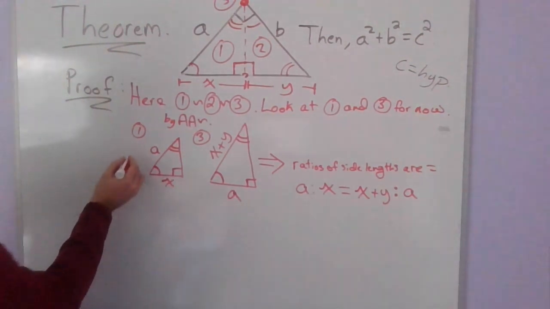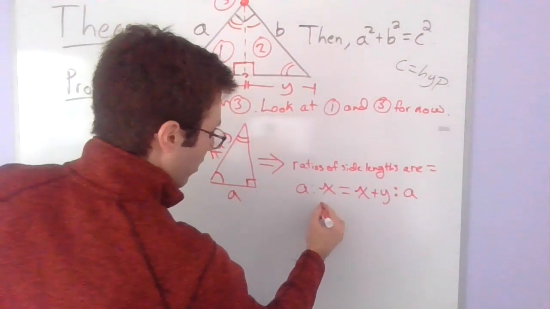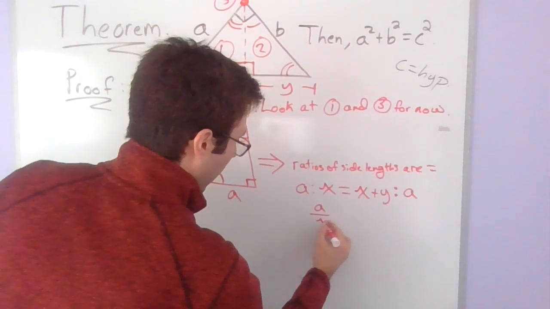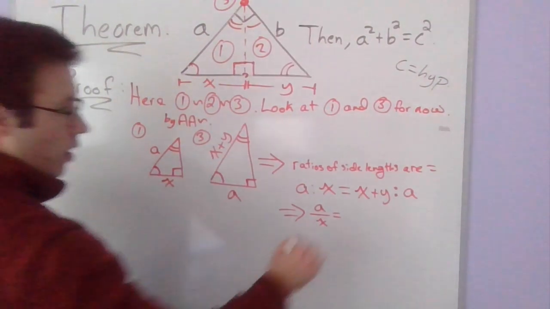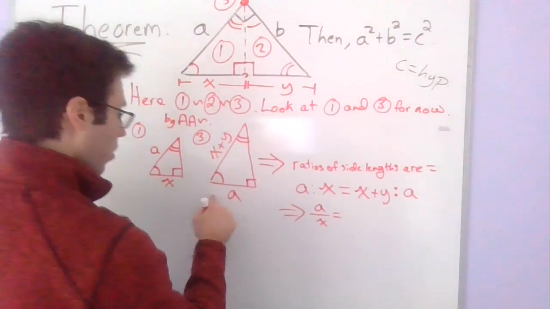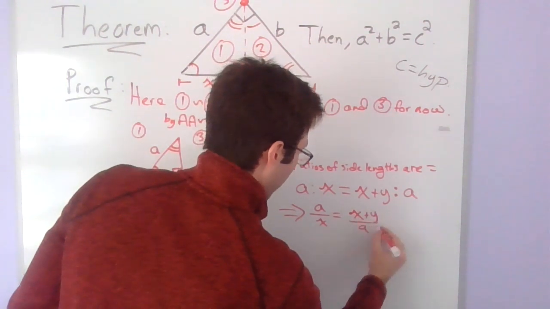So I'm going around this way. In other words, instead of saying a to x, this means the same thing as a over x is equal to x plus y over a, if we're just going to write this in fraction form.